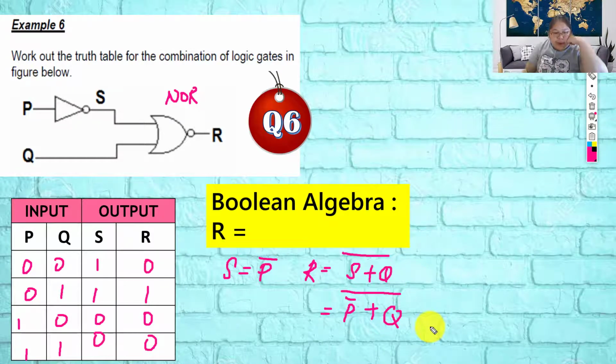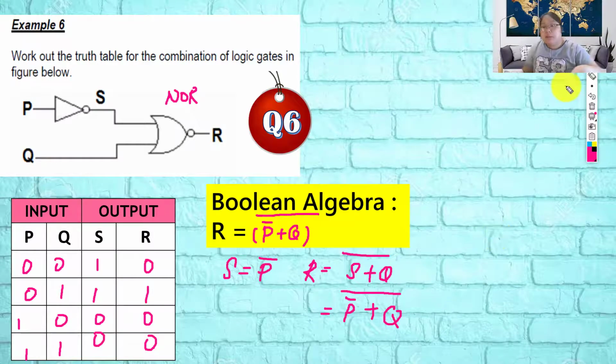So this one is the final one. Remember, don't forget this one cannot join because Q never has the bar. So we just write P bar first plus Q. You can put a bracket, then overall also bar. So this one is the final answer for question number 6.